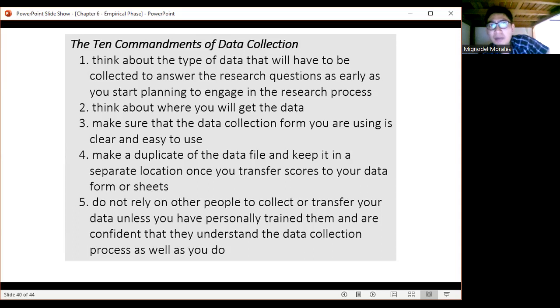Make a duplicate of the data file, no? So mas maganda maraming backup files kayo and it must be accessible only by the researcher. Now, do not rely on other people to collect or transfer your data.